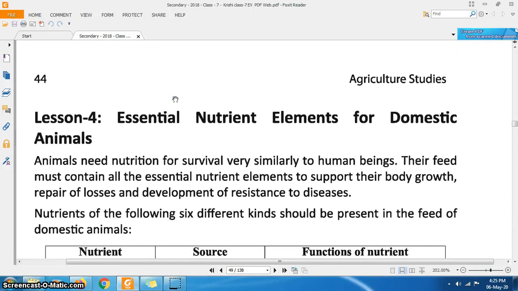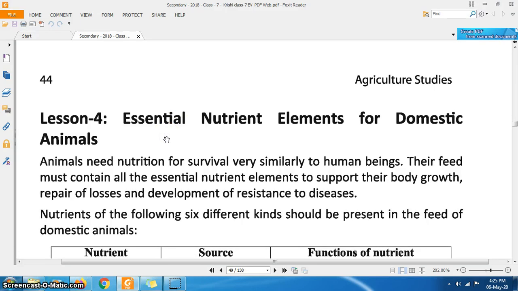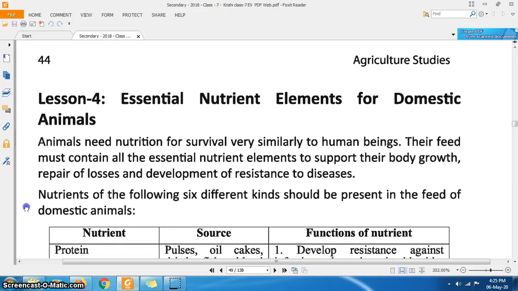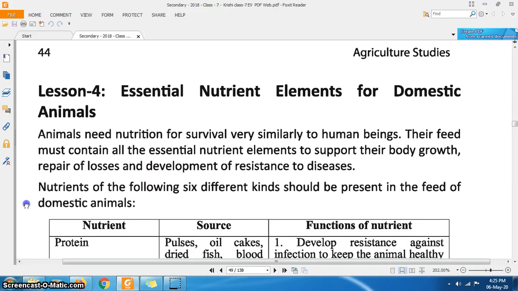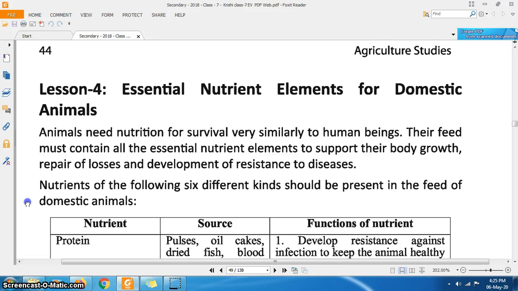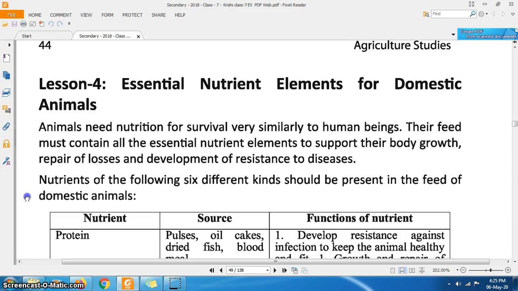Now I am going to discuss Lesson 4, essential nutrient elements for domestic animals. Animals need nutrition for survival very similarly to human beings.